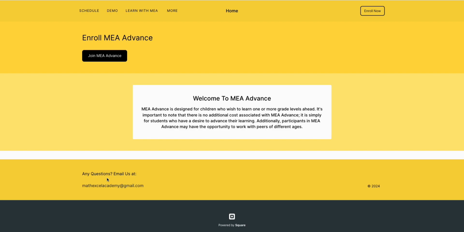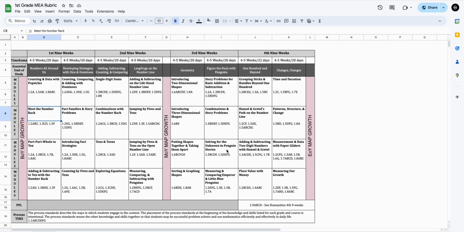If your kid is super good in first grade, he can jump directly into second grade using MEA Advanced. If you feel it's easy in the middle of the course, you can fill out that form, and we'll change it into a second grade class.